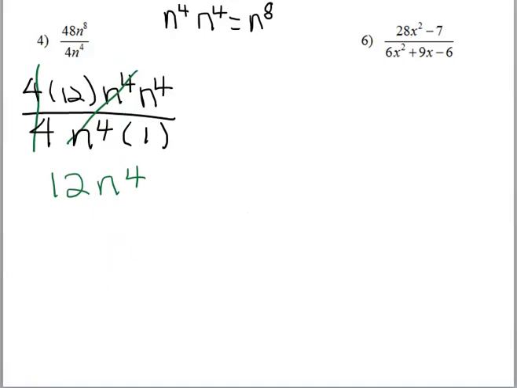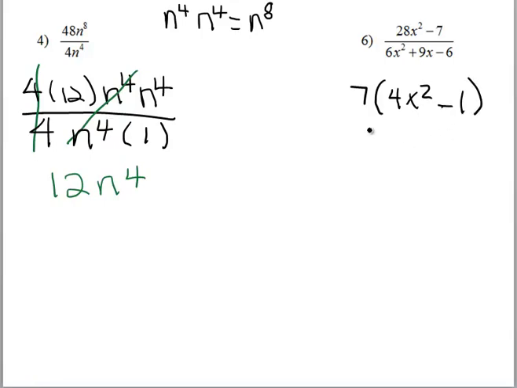Let's take a look at this problem over here. There's some factoring involved. Like I say, I'm going to take care of one part and then worry about the other. So first let's attack the numerator. 28x squared minus 7. I can factor out 7, and that'll leave behind 4x squared minus 1.